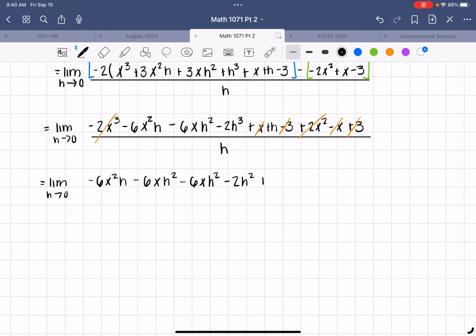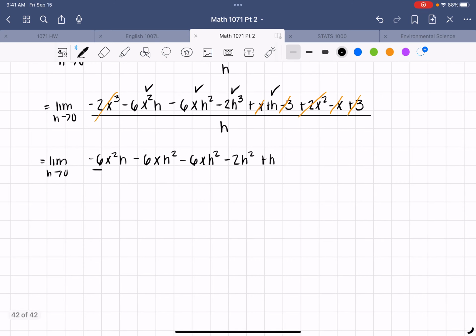And now, h over h, I can cancel common factors because h is not 0. And so I'm left with the limit as h goes to 0 of negative 6x squared minus 6xh minus 2h squared plus 1. Thank you, I'm sure glad for that plus 1. And so now you see h is going to 0.